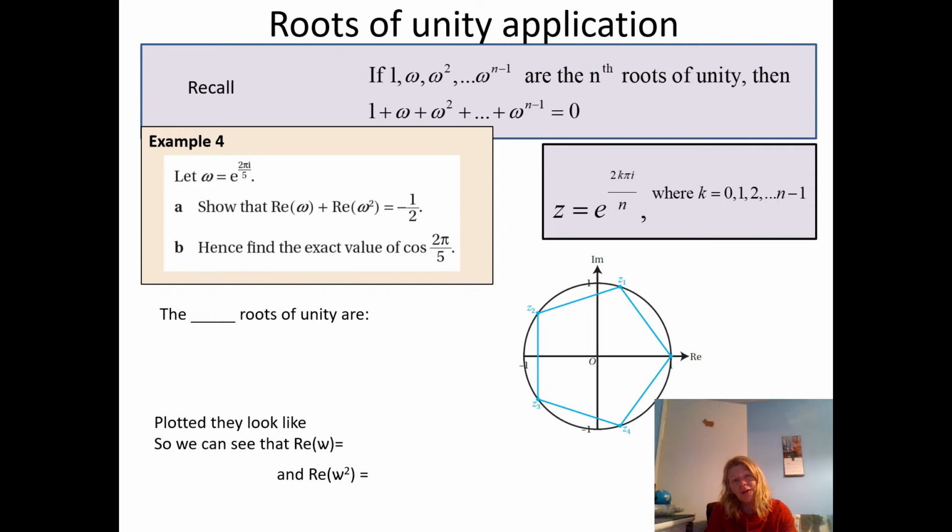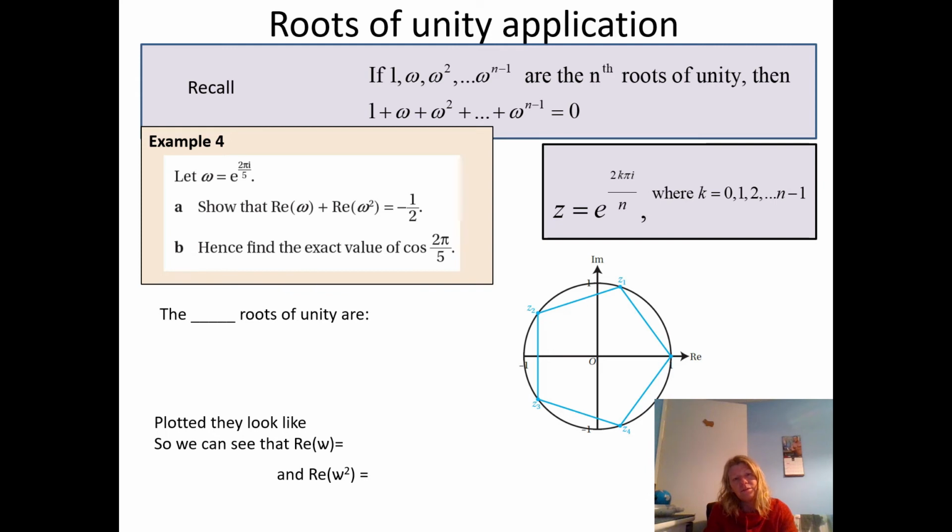So here we've got this example. It says let omega equal e to the 2 pi i over 5. There's the clue, 5. So what we're after here is the what roots of unity? Fifth roots of unity, yes.